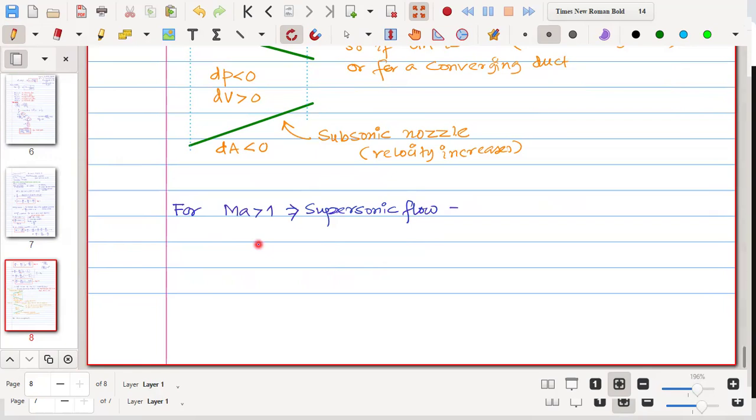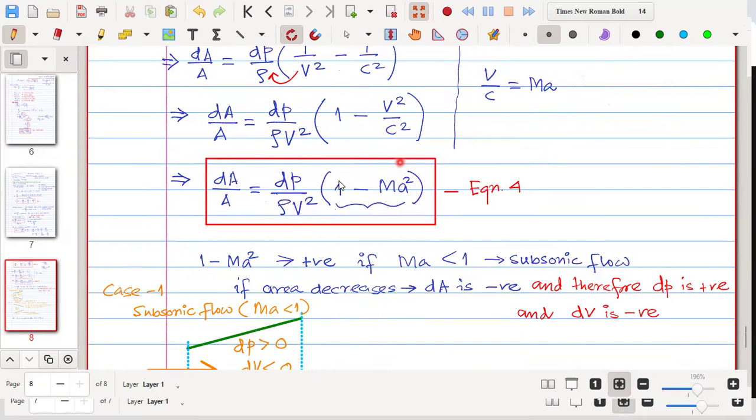Therefore, 1 minus M square will be less than 0, that means 1 minus M square will be negative. So the sign of dA and the sign of dP will be opposite to each other.